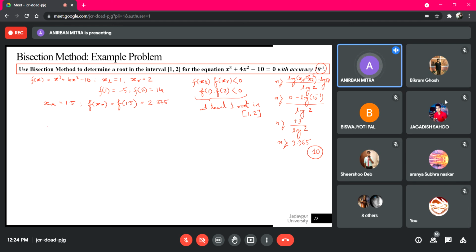So I think if we tabulate this, this will be much easier to understand. Let's write I, that is the number of iteration, what modification we are making to the interval, and here we will write XL, here we have XR, let's write f of XL, let's write f of XR, then we write XM, and finally f of XM.